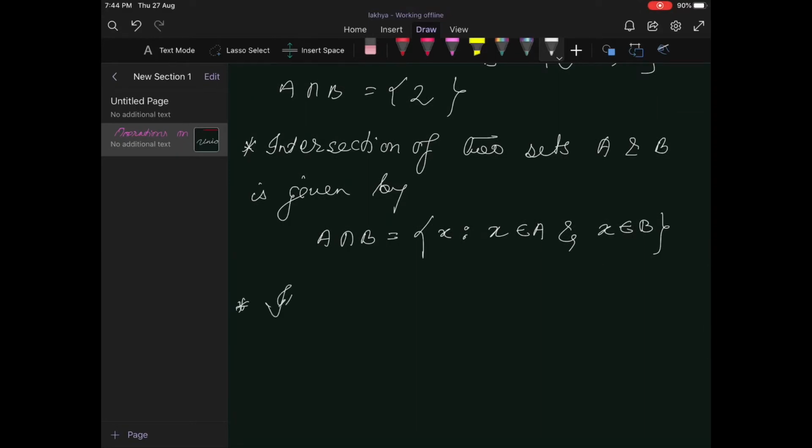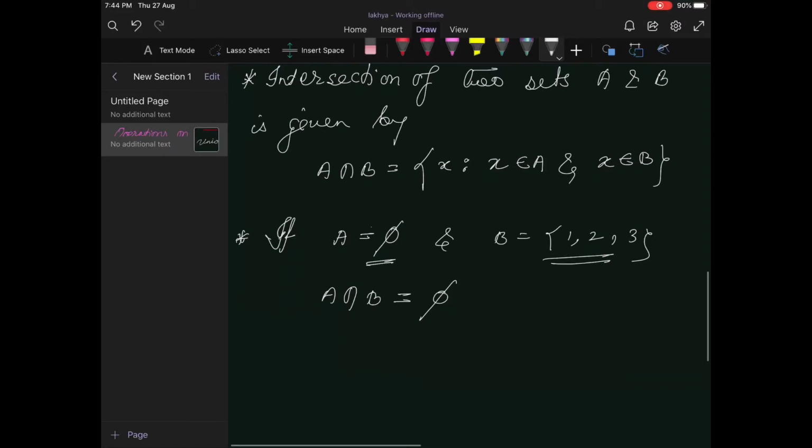Now you see, in this case, if set A is the null set, A is equal to ∅, and set B is, suppose, 1, 2, 3, then that means B is a non-empty set. Then A intersection B is ∅ because there are no common elements.